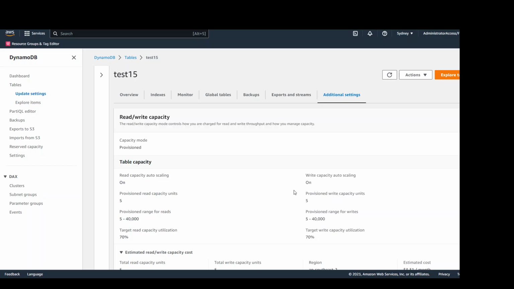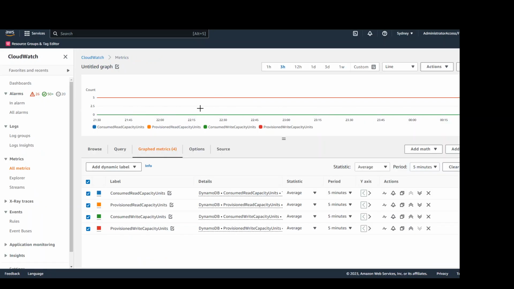For that, go to CloudWatch and then go to the metrics of this table. There, you will find 4 metrics: consumed read capacity units, provisioned read capacity units, consumed write, and provisioned write. Now, on the top section of the screen, let's first check the read capacity unit consumption.